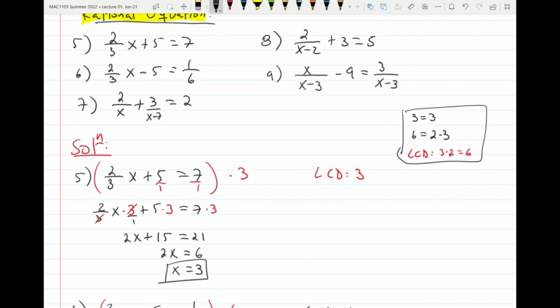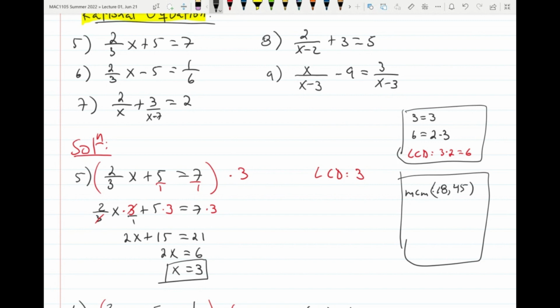Let's do something slightly more complicated. What's the LCD between, let's say, 18 and maybe 45? Or in this case, because these are not really denominators, I should call it MCM, the minimum common multiple.